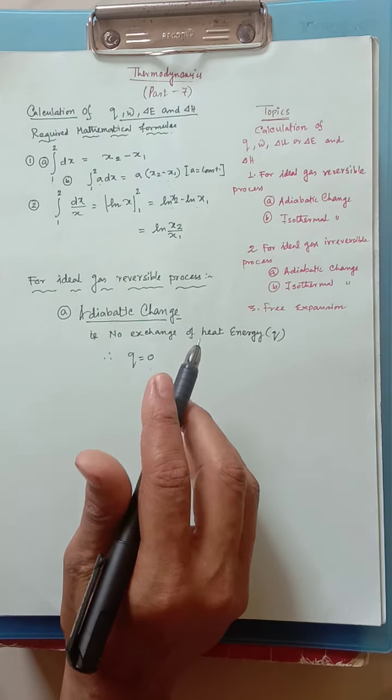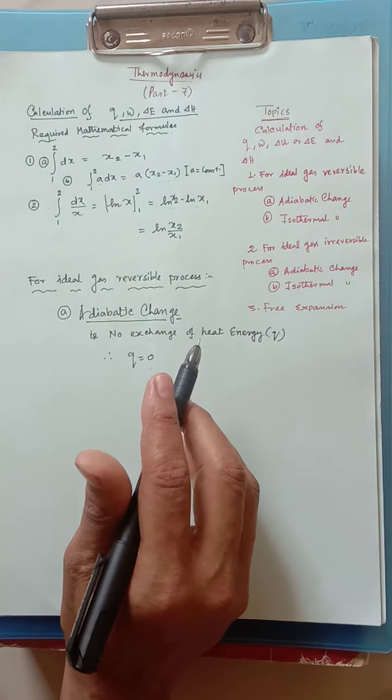Now we all know that Cv equals dE by dT at constant V. That means we can write dE equals Cv dT, right? I think we can easily remember this relation.